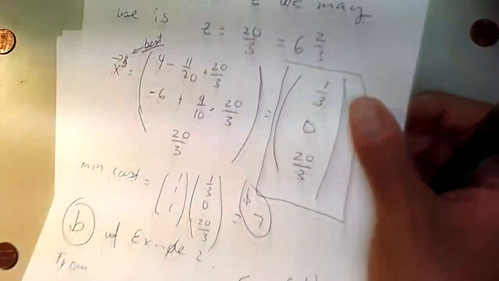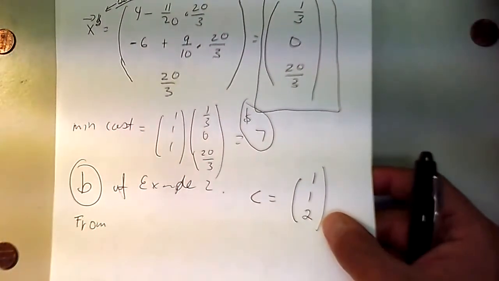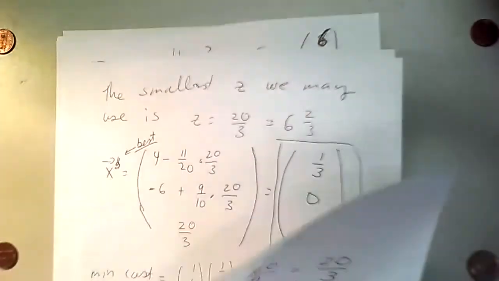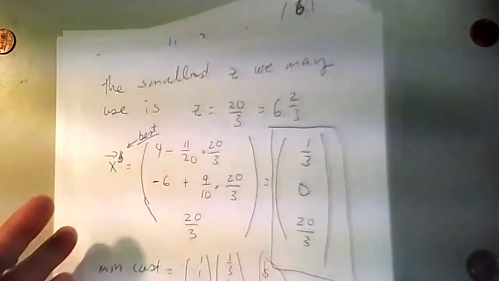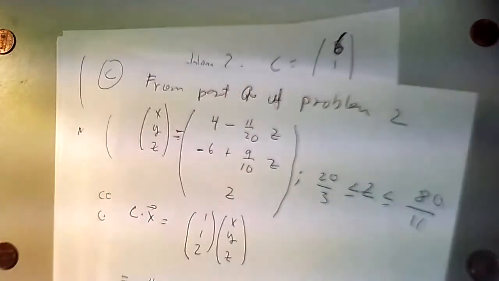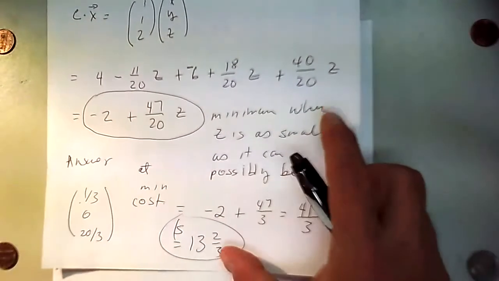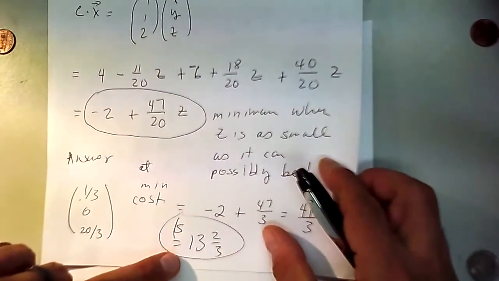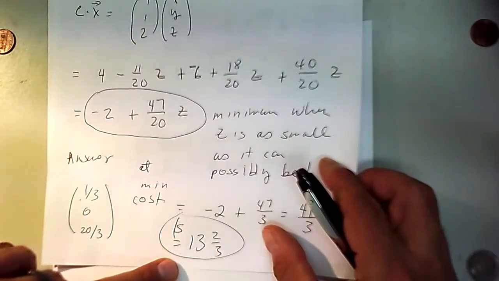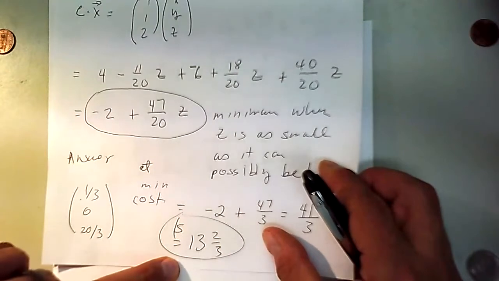In part B, when Z was $2 a piece, which is not super dramatic, now I want to know how much our cost was there. Did I figure this out? Yeah, it was $13. Whoa, that is super interesting.